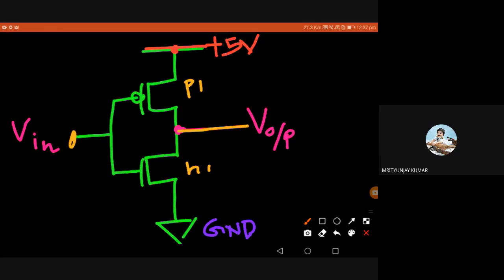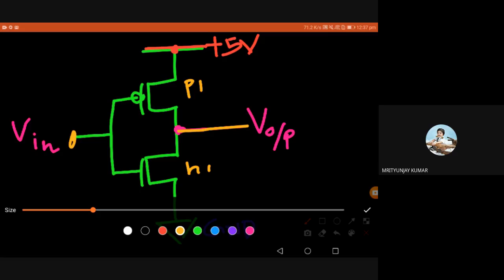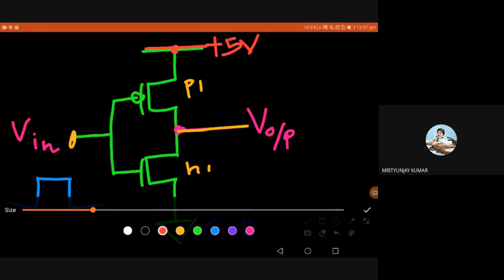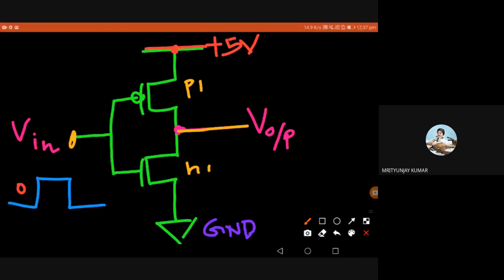In other words, if my input is something like a pulse, there is a low, there is a high, there is a low. If I give this input, what will be my output?